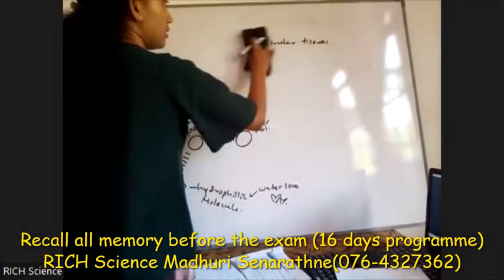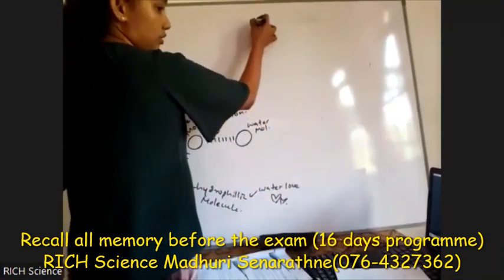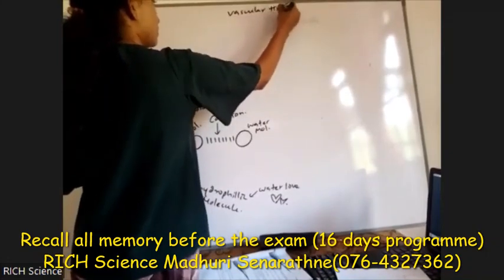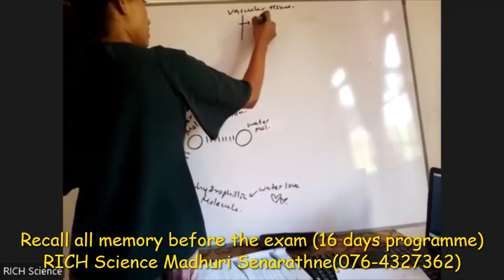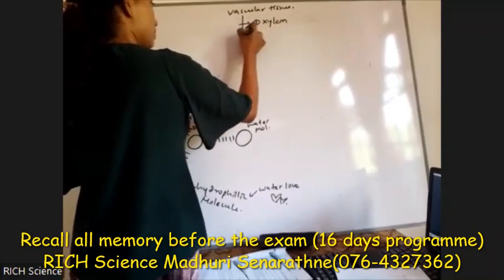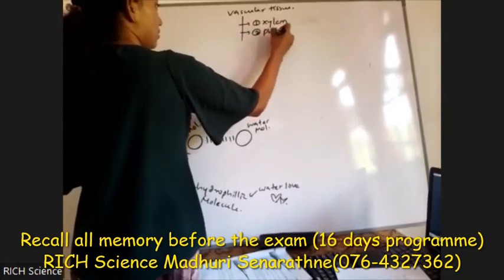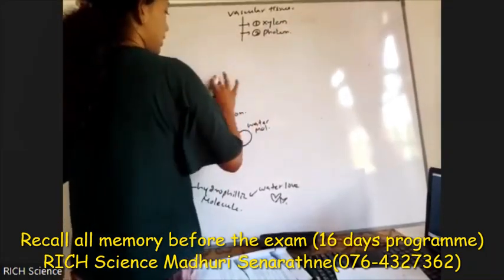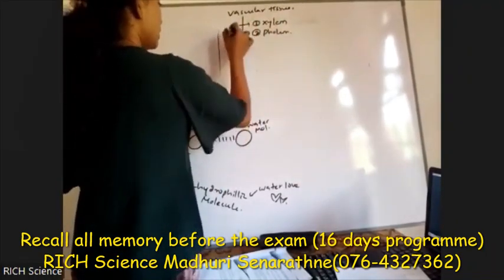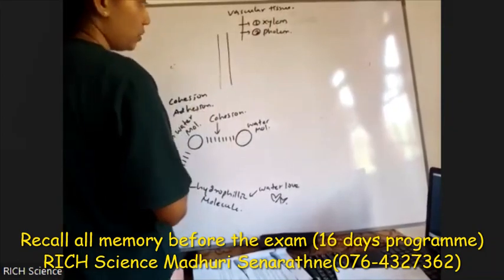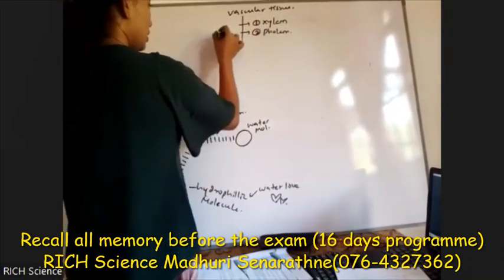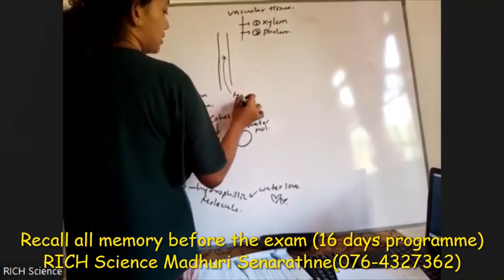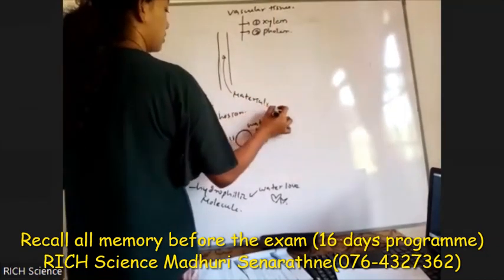First one is xylem. Second one is phloem. Actually, these tissues are tube-like structures. Inside these tubes, materials are transported.